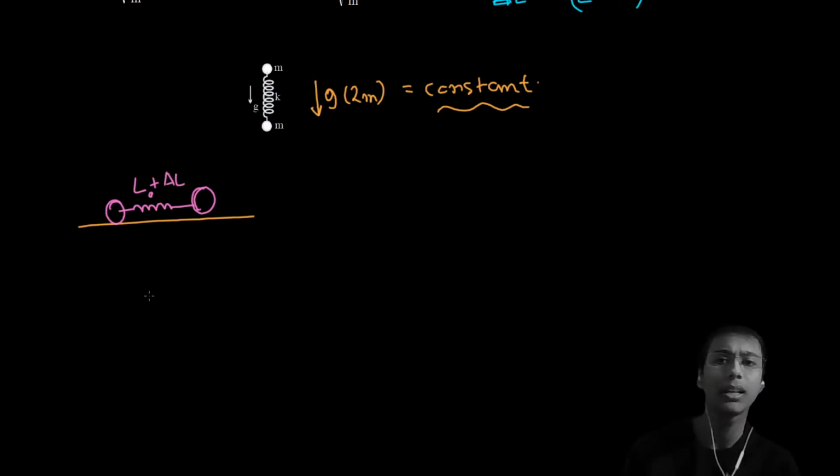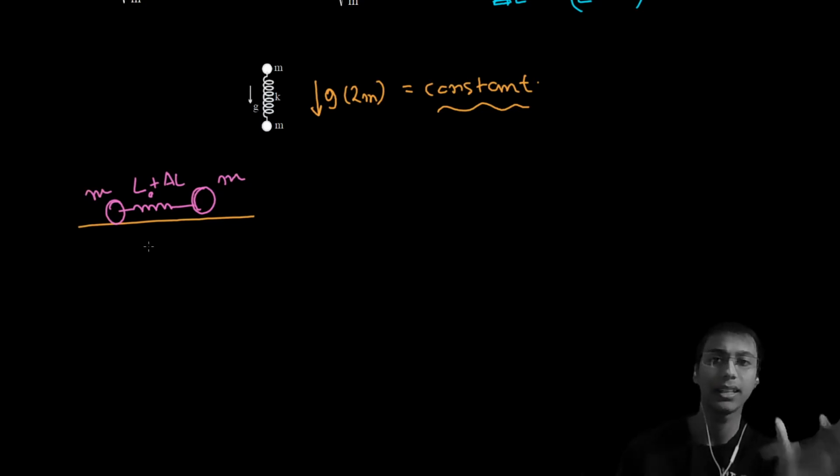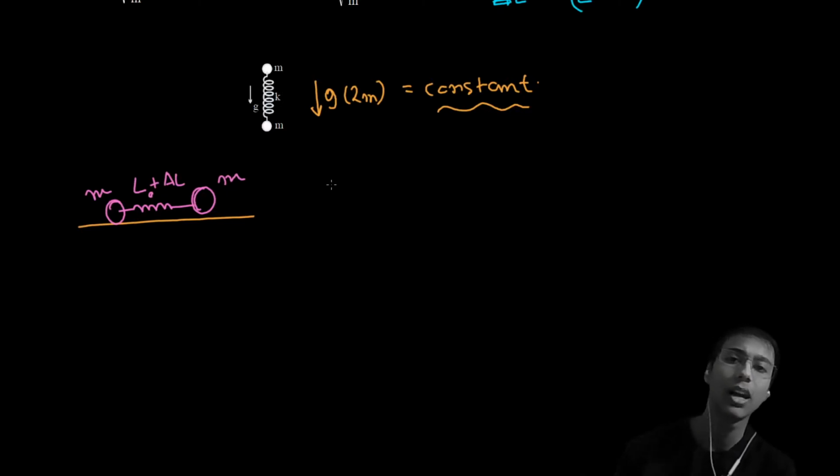Now what would be the time period of the SHM? Let's see. If two identical masses like this are connected, and they are pushed or pulled a little bit and then released, they go on in an SHM. What's the equation of SHM? A equals minus omega square x, right?